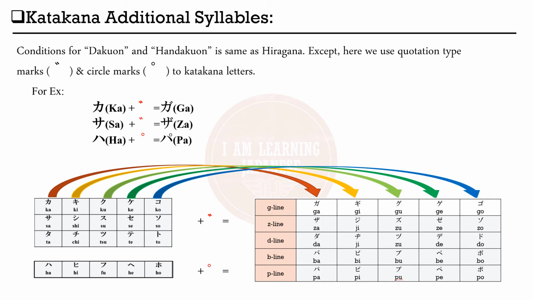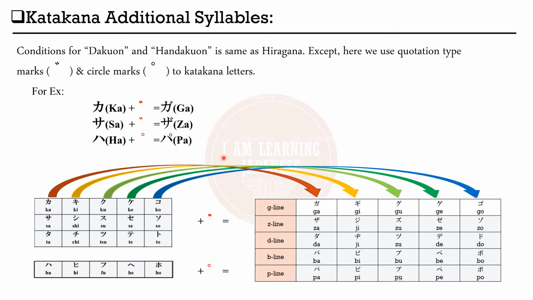In the same way, another example is sa. When there are no quotation type markings above, you pronounce it as sa. If you find a quotation type marking, you pronounce it as za. So this is the quotation type marking, which is placed in the top right corner.